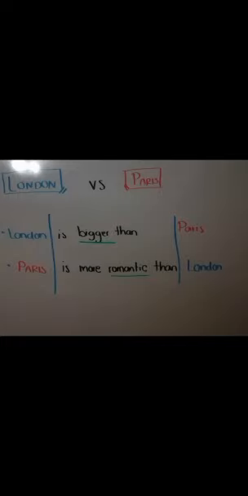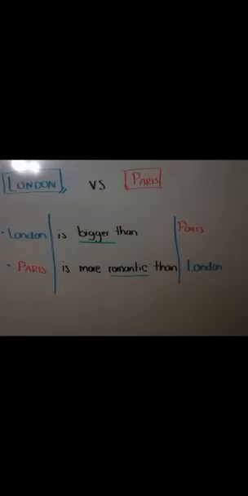So it says London, or any object, first object number 1, plus our verb be, plus our adjective. In this case, you have them underlined in green, bigger and romantic. And then you have than. And at the end, you have your object number 2. This is because it is formed between two objects and a comparison idea, as I already told you.